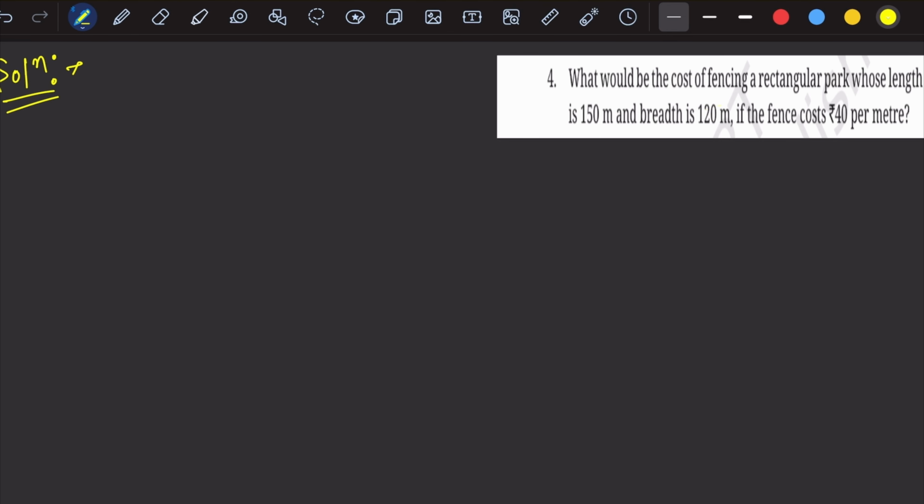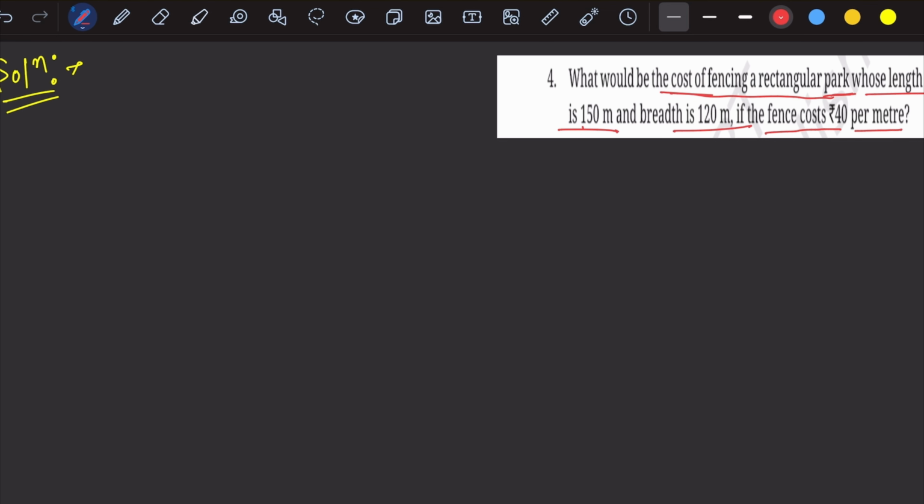What would be the cost of fencing a rectangular park whose length is 150 meter and breadth is 120 meter if the fence costs 40 rupees per meter? So we have to find the cost of fencing a rectangular park.